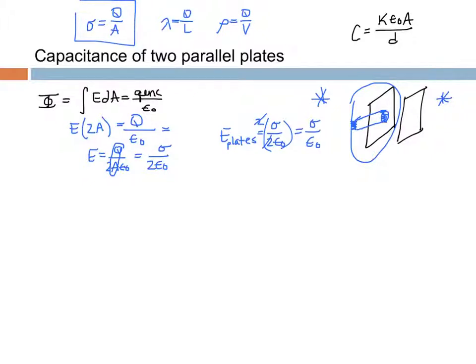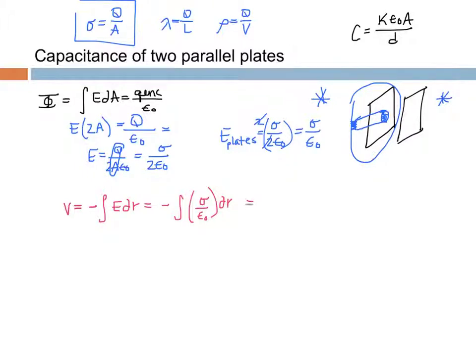So to solve for the potential, it's simply negative integral of E dr, where E is now sigma over epsilon naught.